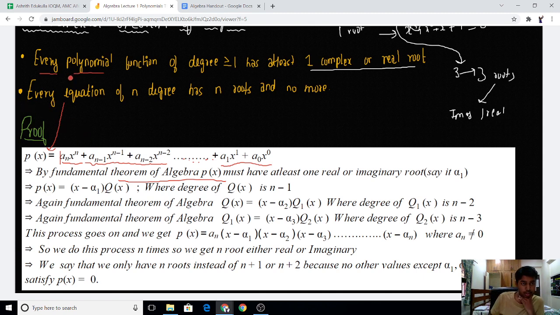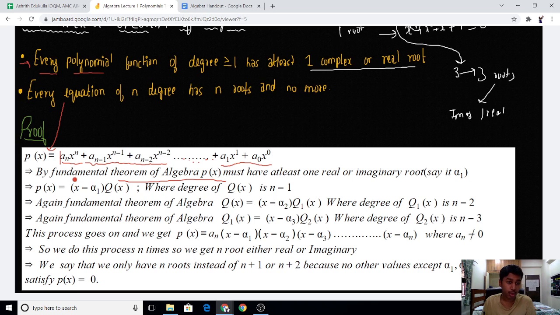By the first one, I get that this polynomial has at least one root, and I'm considering the root as alpha 1. So I can write p of x equals x minus alpha 1 into q of x.